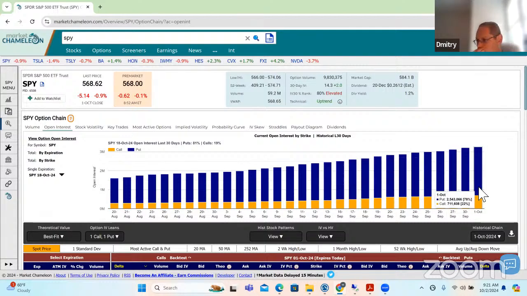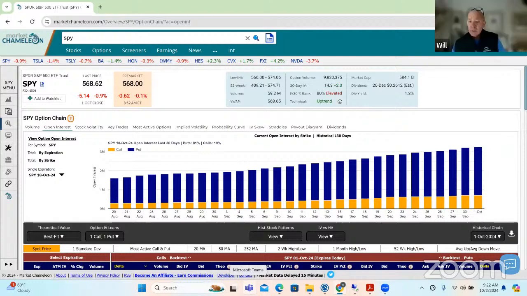And it looks to me, just eyeballing it, that the call open interest does seem to be climbing a little bit too, but the put is climbing faster.